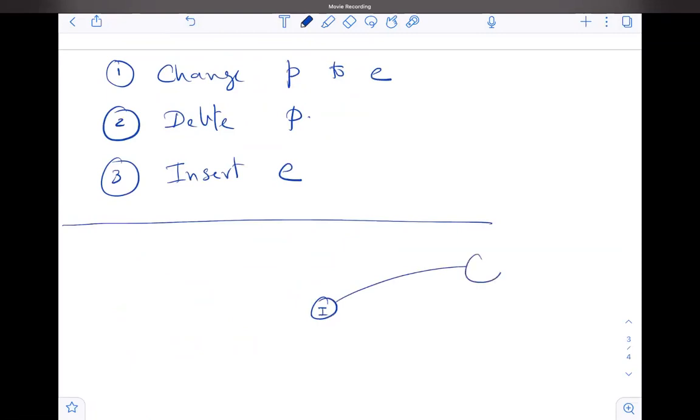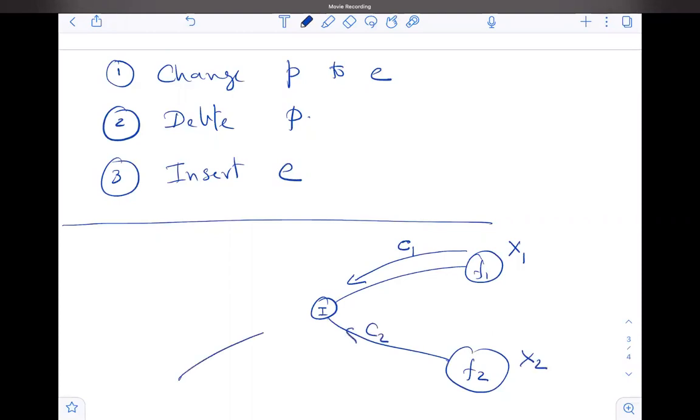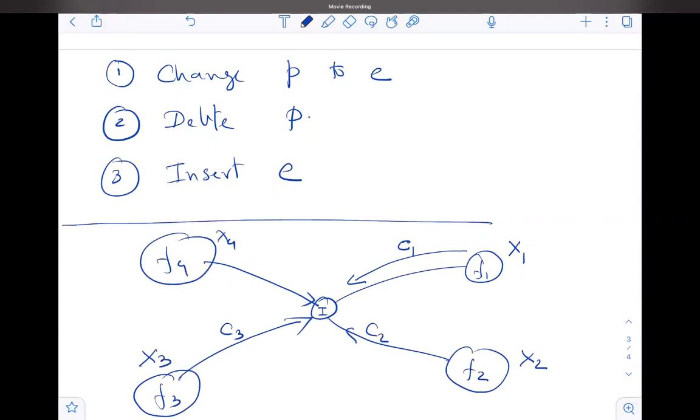I ask a friend of mine, hey, in your locality, what's the cost of cauliflower? He says X1. But then I have to go and get it from you. The cost of getting it is C1, so the cost that I pay if I get it from your place is C1 plus X1. Then you ask some other friend, what is the cost of cauliflower in your place? He says X2, and you know the cost of getting it is C2. Then you ask some other friend, and it's X3 and C3. And similarly for other friends. Now, what is this friend saying?